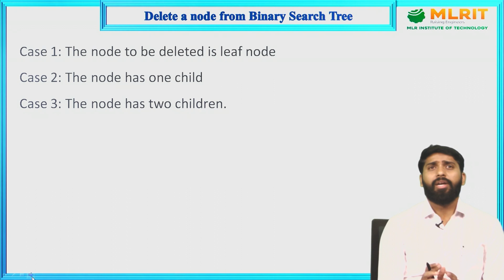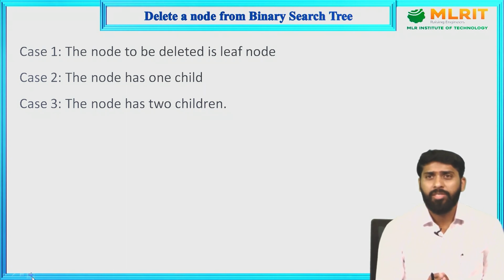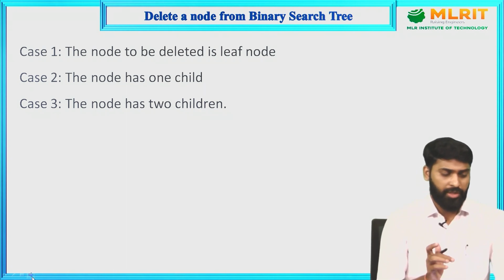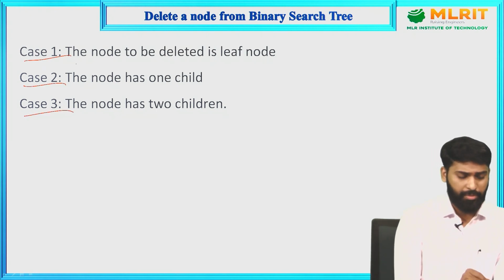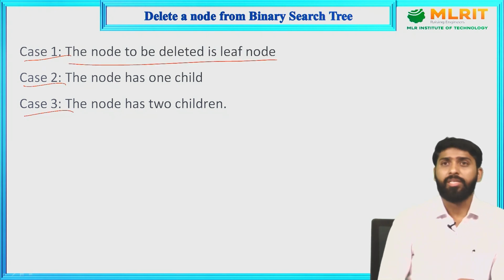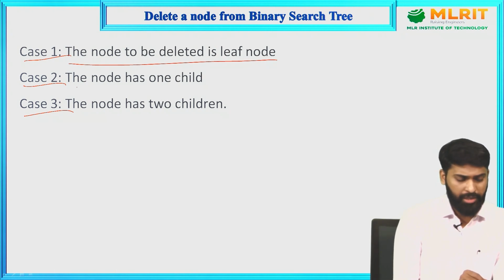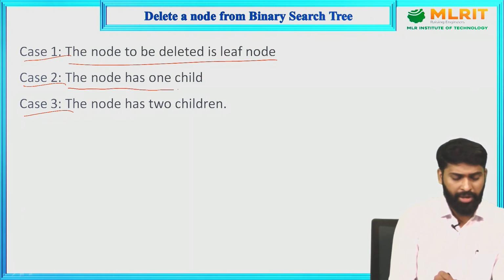When we try to delete a node from a binary search tree, we have three cases. First case, the node to be deleted is a leaf node; second case, the node has one child; and third, the node has two children.